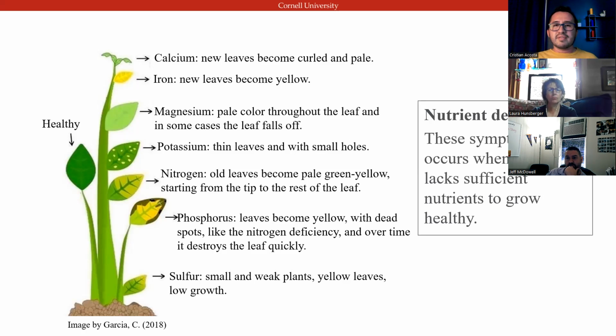So in this way, we have to be very attentive, because usually when it's a microorganism, some disease created by a fungus, bacteria, or nematode, more symptoms and signs come.